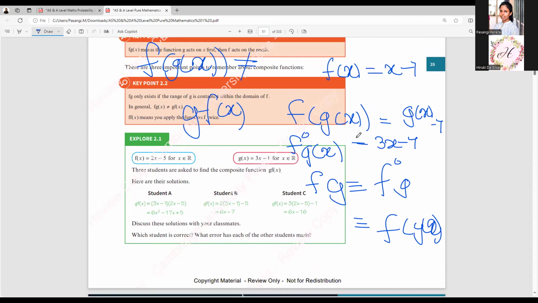Can you go through this Explore 2.1 and what they are saying? Okay, teacher, that's also fine.